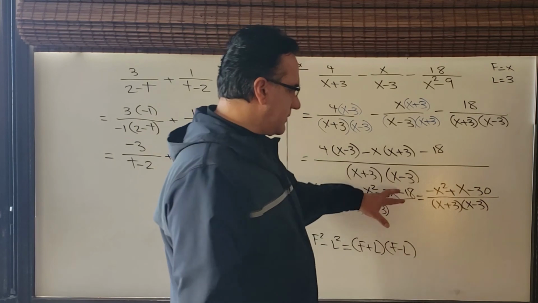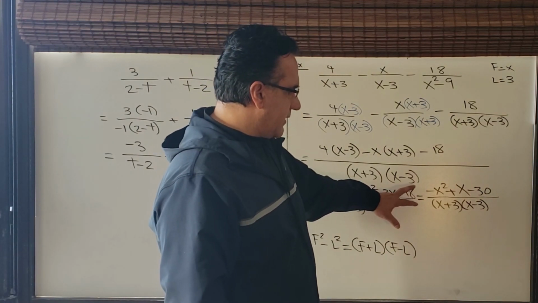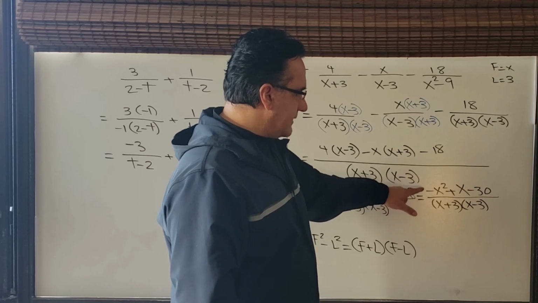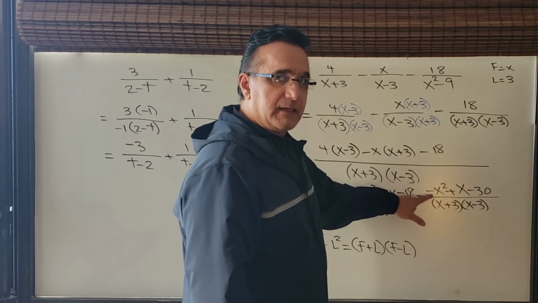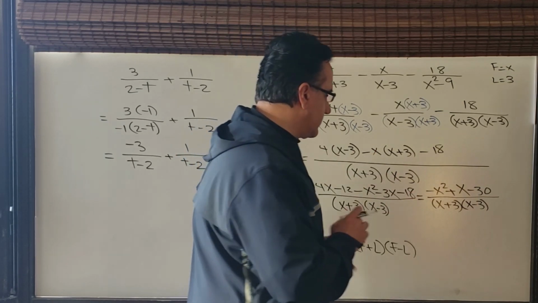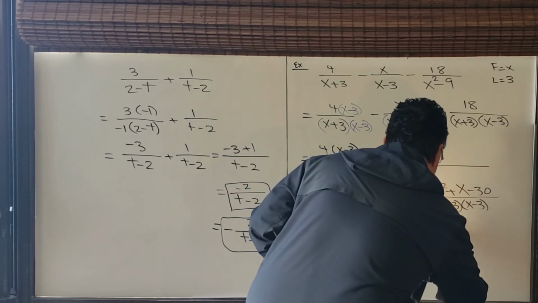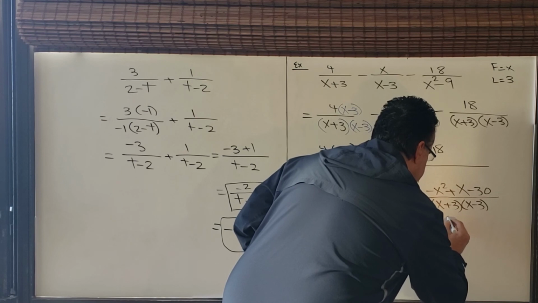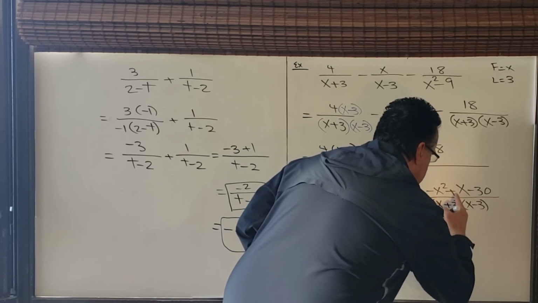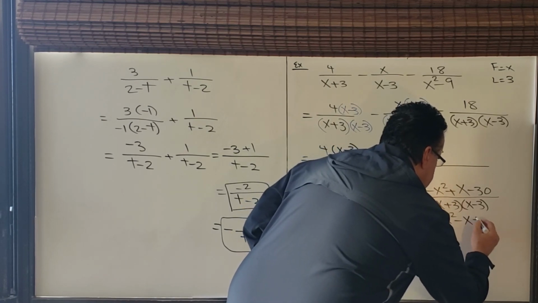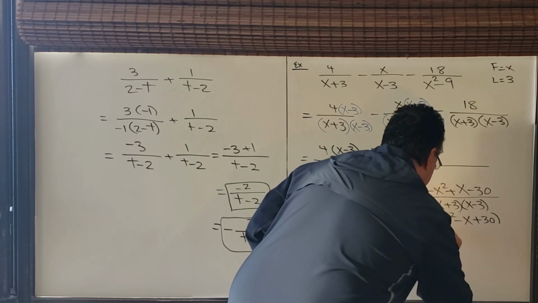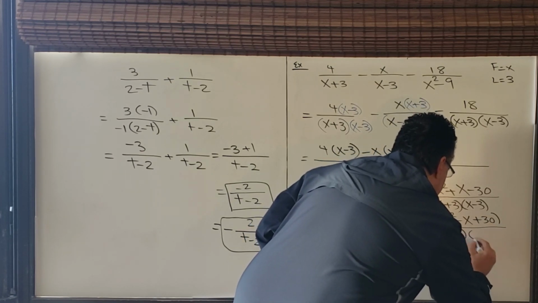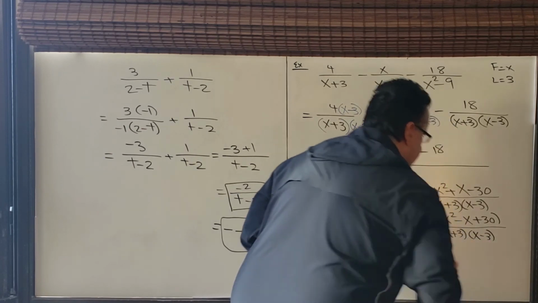Now remember that we never want to leave any kind of factoring that may be possible behind. And when an expression starts with a negative, remember it's easier to factor if you factor out the negative one first. So if I just factor out a negative from the top expression, I'm left with x squared minus x plus 30 over x plus 3 times x minus 3.